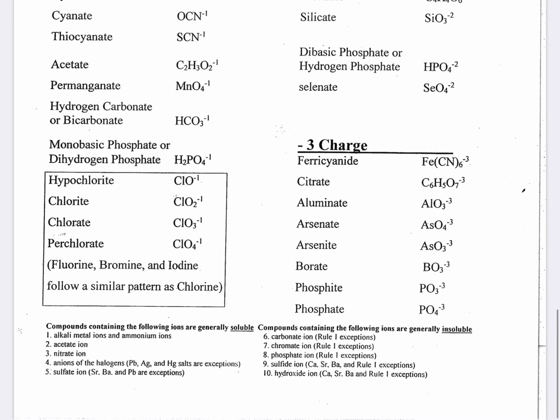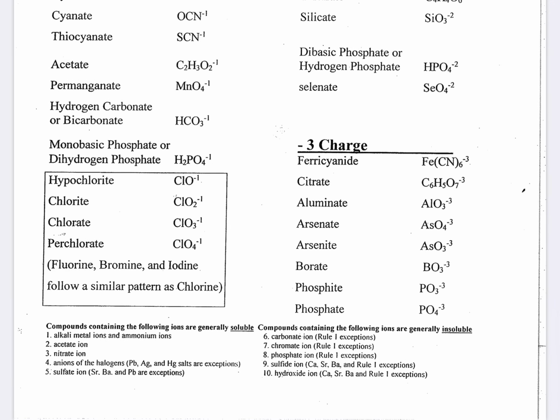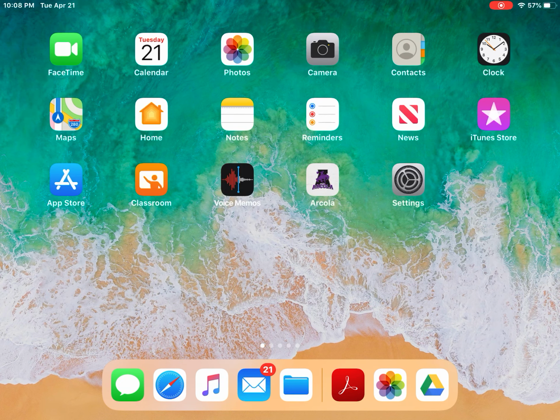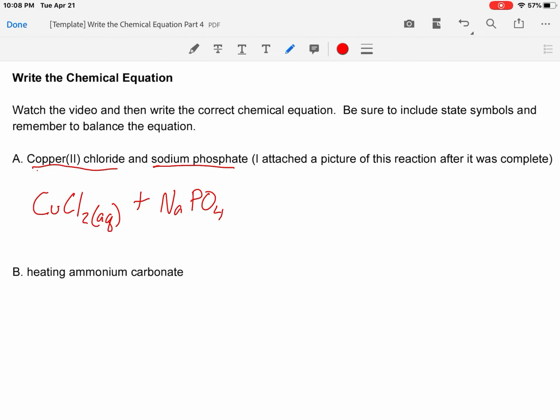It is down here in the -3s. So phosphate is a -3, sodium is in the first column, so it's a +1, so our formula here should be Na3PO4. So those are our two reactants. Oops, I forgot the AQ on the sodium phosphate.